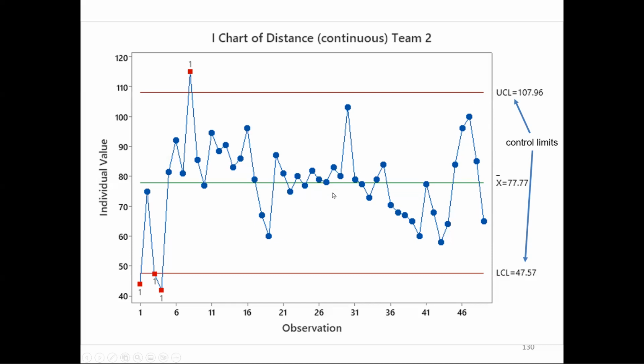So it's highly unlikely that this process would generate data that would fall outside of those control limits unless there's some unusual activity happening. And so you can use these flags on these statistical outliers to indicate there may be special cause variation.